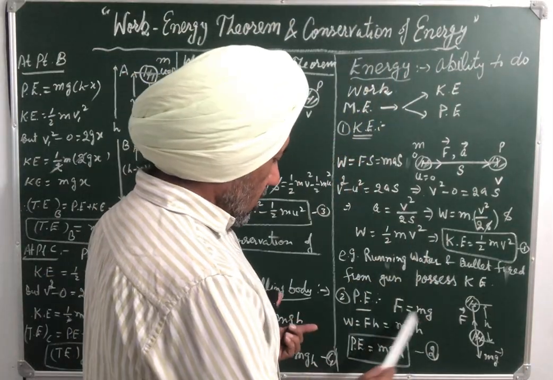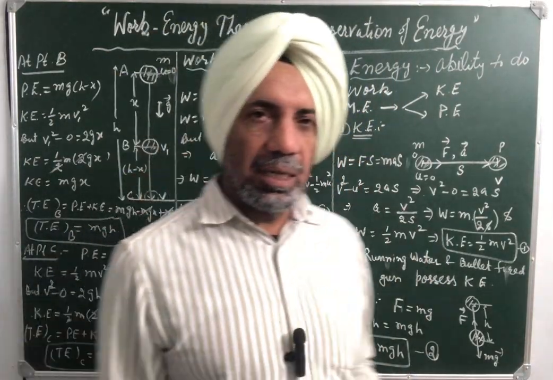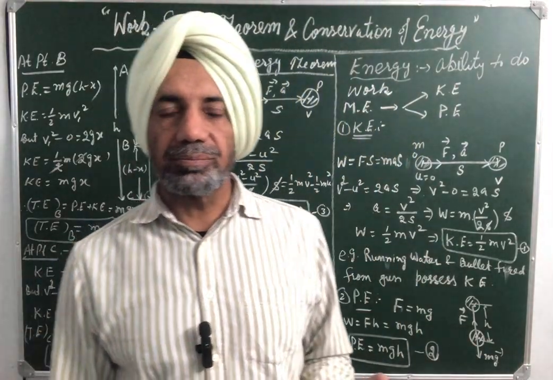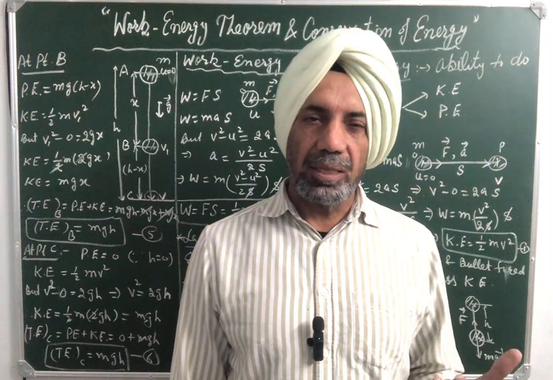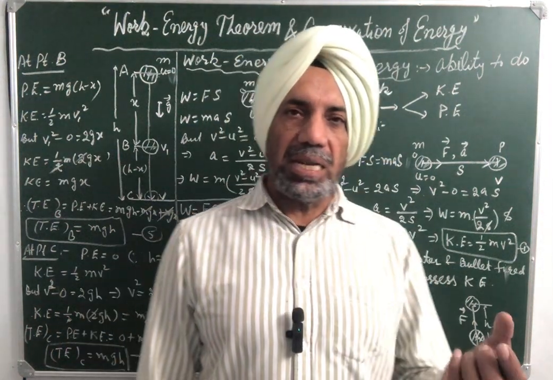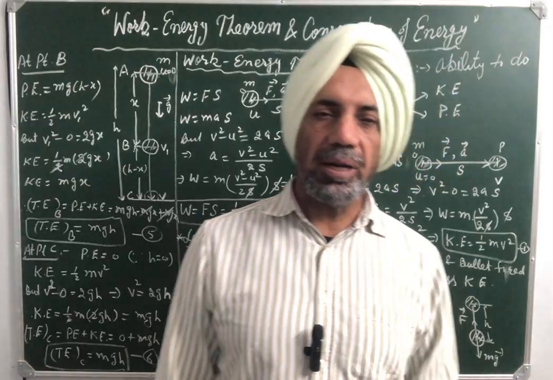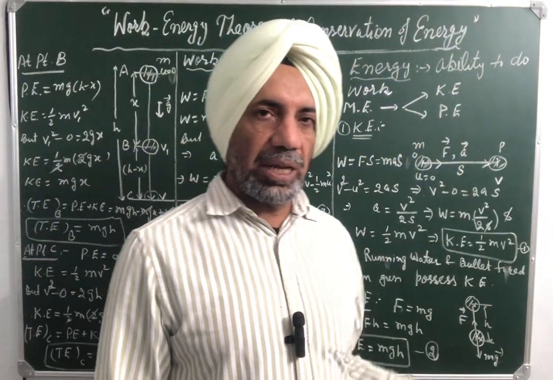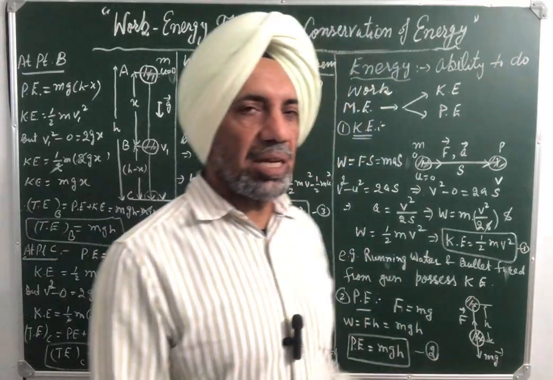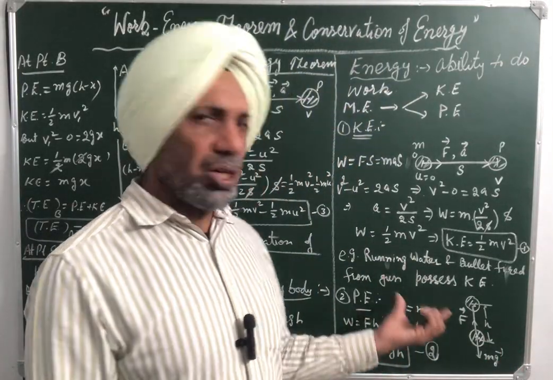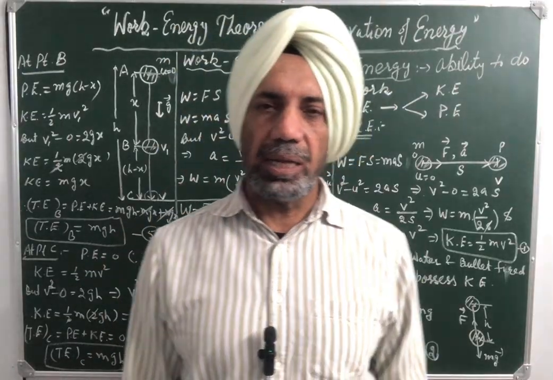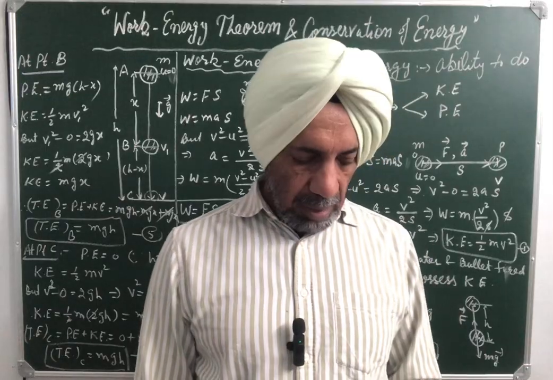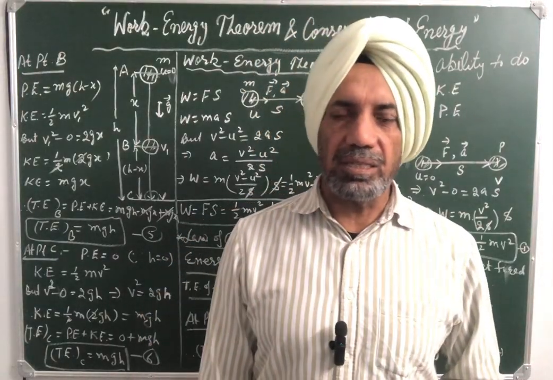If you have to give an example of potential energy, water stored in a dam, Bhakra dam you can say. When water falls down, potential energy is being converted into kinetic energy. Energy stored by a body raised to a certain height is also potential energy. So potential energy is due to the position of the body, and kinetic energy is due to the motion of the body. So this is all about potential energy, kinetic energy and conservation of energy.